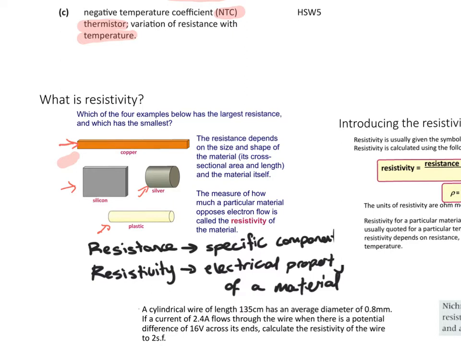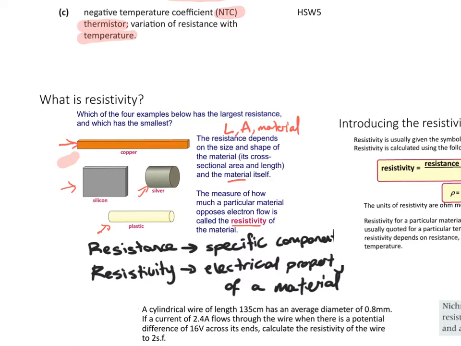Now, we already know that the length affects resistance. We know that the cross-sectional area affects resistance, and the material itself affects it. So when we talk about resistivity, we talk about specifically how the material itself opposes electron flow.